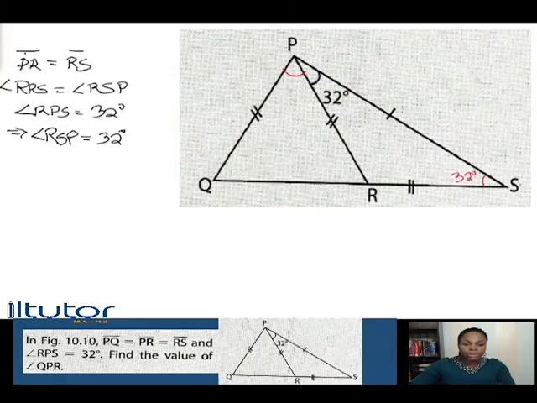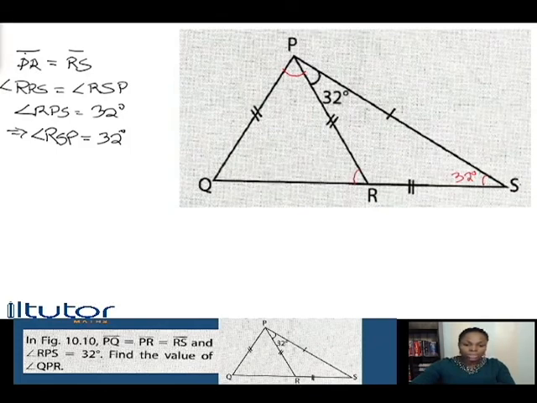Now recall that an exterior angle of a triangle is equal to the two interior opposite angles. If you look at this triangle PRS, you can see that this angle QRP is an exterior angle of this triangle PRS.